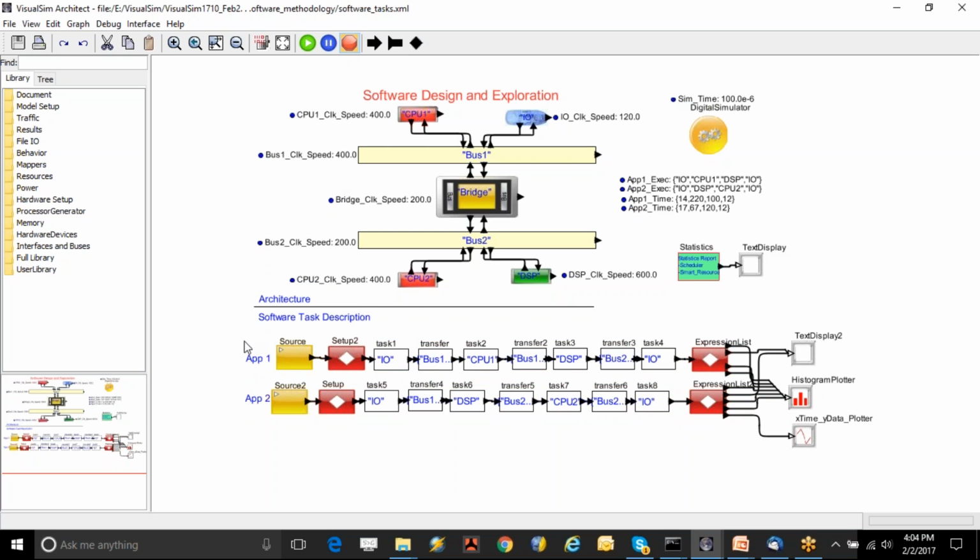The way it works is this source block transaction generator will trigger the transaction for the applications itself, and it tells you what is the interval between a particular arrival of that particular task itself. And these blocks are mapped onto the target platform by node mapping.